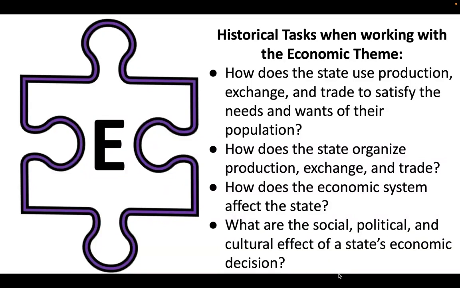And we also see how these decisions influence the other processes. So obviously, in Forsyth County, the amount of wealth people have determines their social standing. The government goes out of its way to promote capitalism. And then culture would be we're a very materialistic culture. We like stuff.